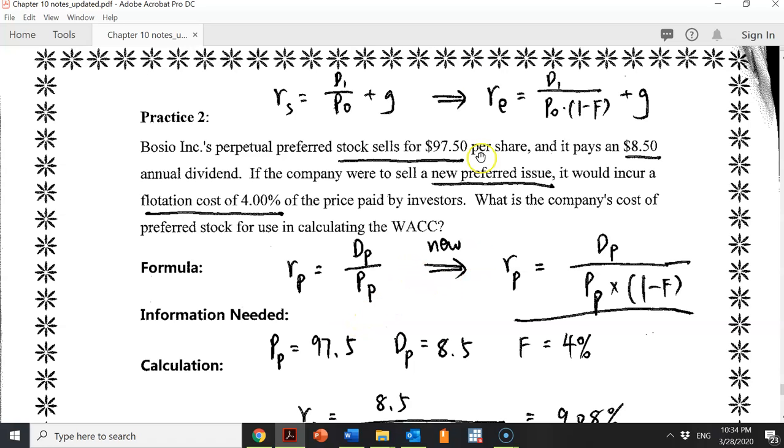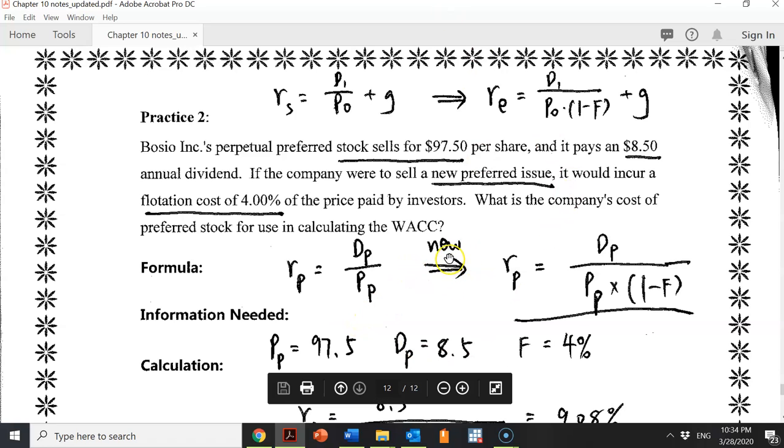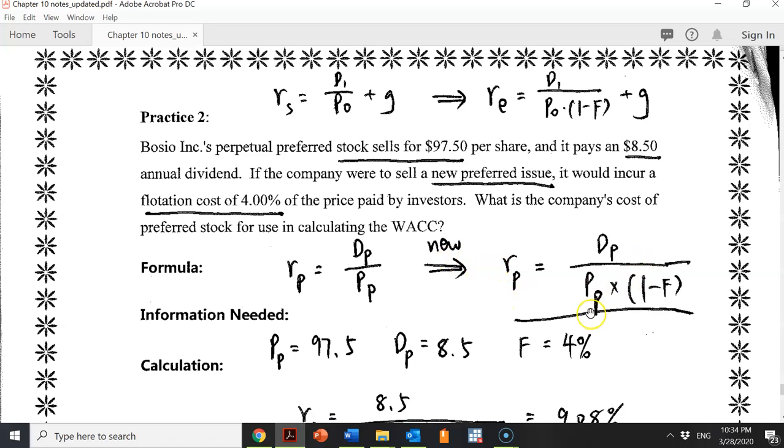But because it's a new issue, RP becomes DP over PP multiplied by 1 minus F. We're doing the same thing here: multiplying by 1 minus F, the flotation cost, for the price of the preferred stock.